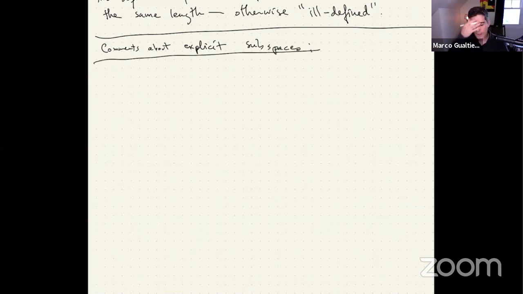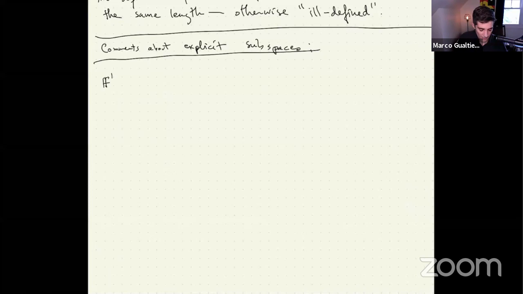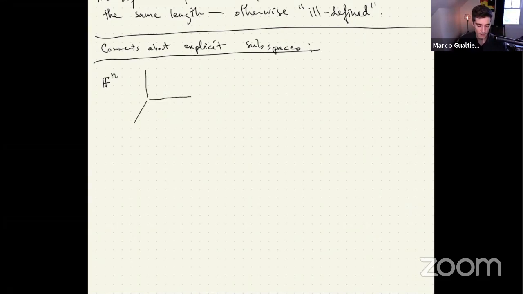Okay, so let's suppose that you're dealing with a vector space F to the n. I'll just draw a kind of cartoon picture of F to the n, like this.